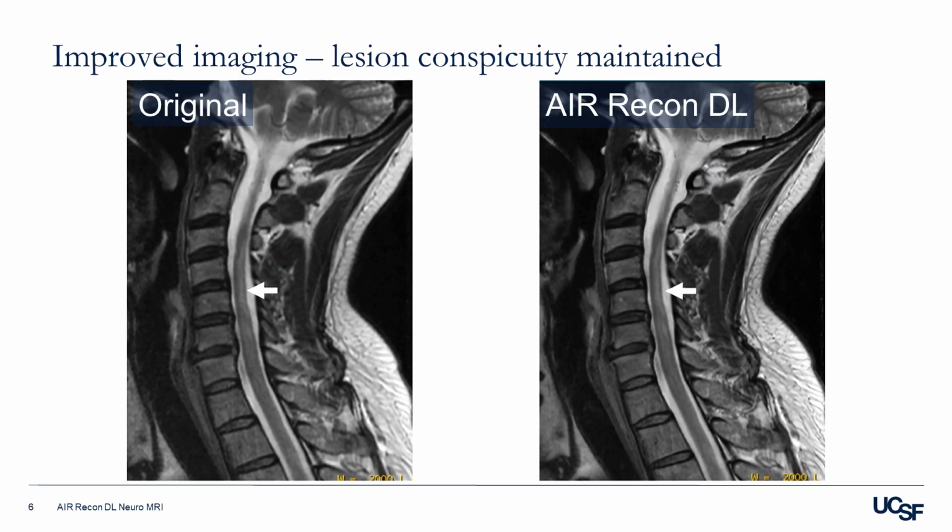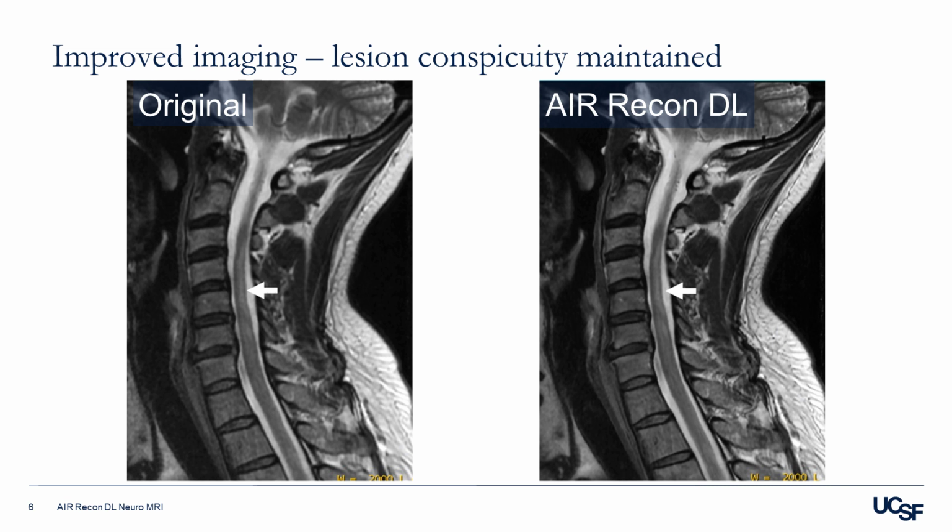So when we first rolled this out, one of the primary questions that many of our colleagues had, both within our section and clinically, was whether or not lesion conspicuity would be maintained. And I can report back to you that sure enough, lesion conspicuity is maintained.